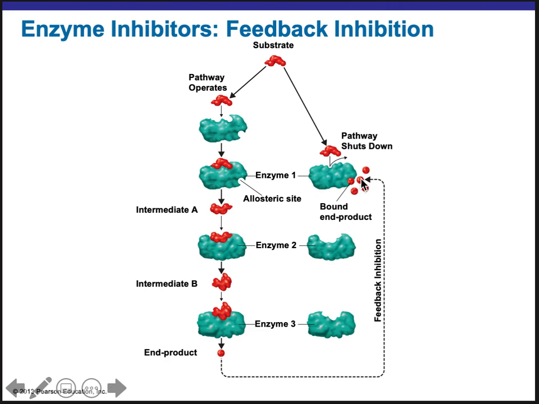It starts to bind to what we call the allosteric site, and that's going to block this enzyme, right? It changes its shape, and now the substrate no longer fits, and that pathway is shut down, but only temporarily.